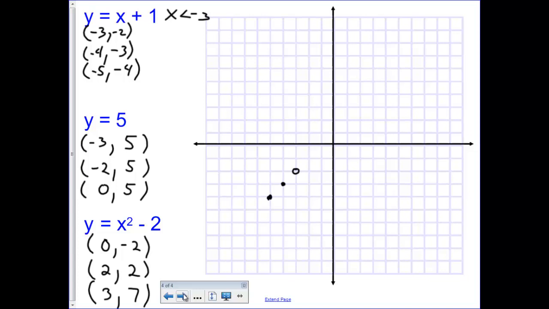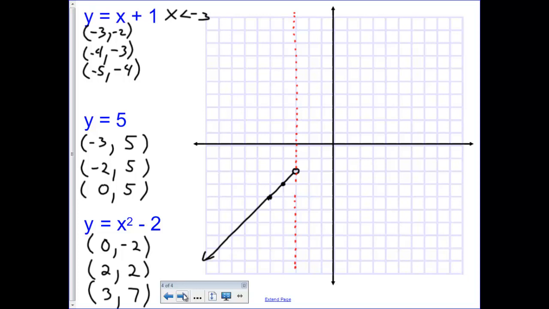Now remember, I'm looking for all of my answers that are less than -3. So I'm going to draw a vertical dotted line. That's my boundary line, so my line is not allowed to go greater than that for x's. The rest of my straight line would have to go in this direction. So there's the first piece to my piecewise function.